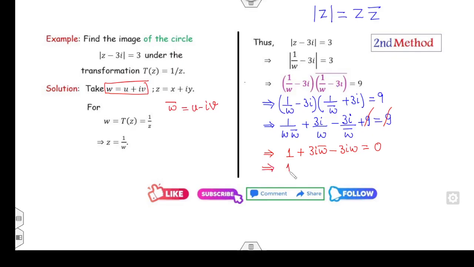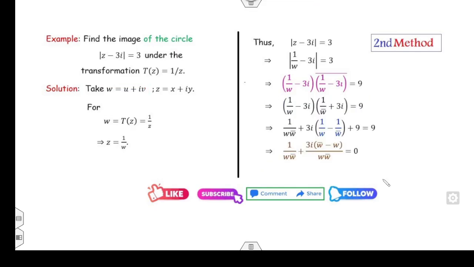I can substitute the values: 1 plus 3 iota u plus 3v minus 3 iota u plus 3v is equal to 0. 3 iota u cancels, 1 plus 6v is equal to 0. That means v is equal to minus 1 over 6.